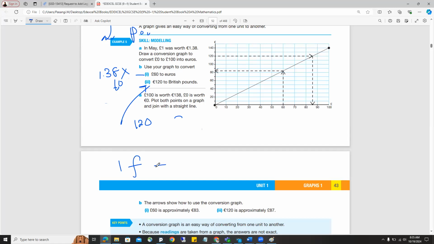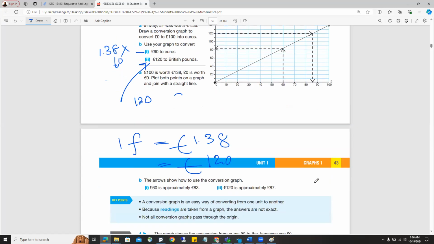Now they're asking how much it is in pounds when there are 120 euros. So we should divide. Yes, very good. 120 should be divided by 1.38. Can you tell me the answer?